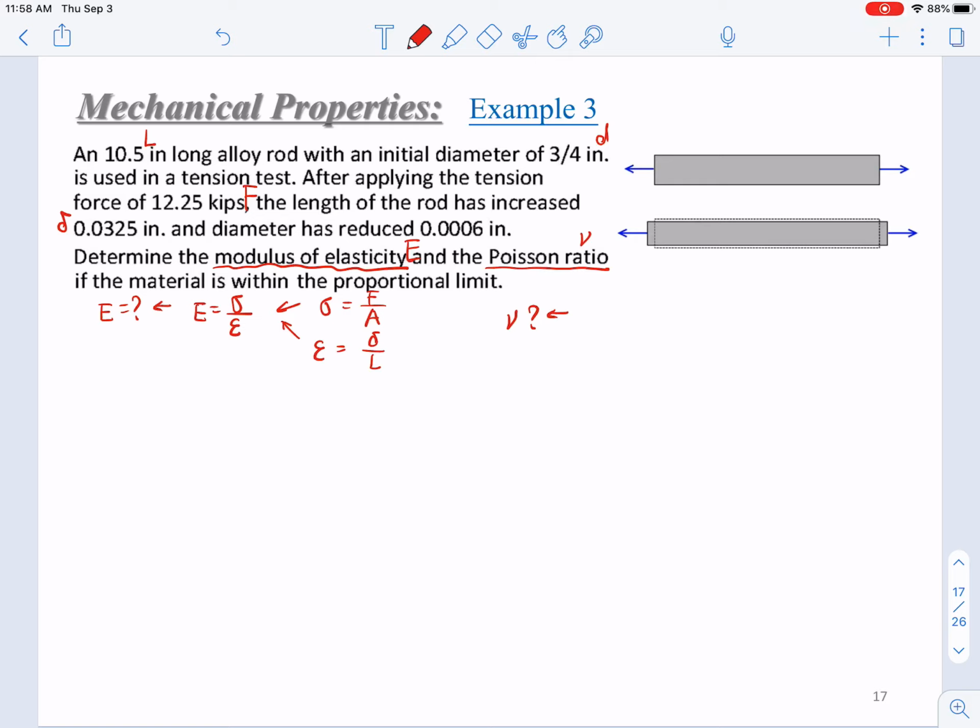Nu has been defined as negative lateral strain over strain along the longitudinal direction, or negative transverse strain over the axial strain. These are our definitions of nu. So we just need to determine those strains along different directions.